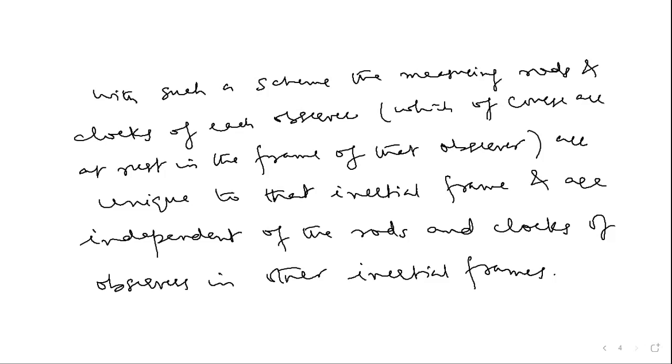For this reason, special relativity usually is formulated in terms of the combined space-time coordinates x, y, z, and t. Space and time are treated as equivalent coordinates in special relativity, right?